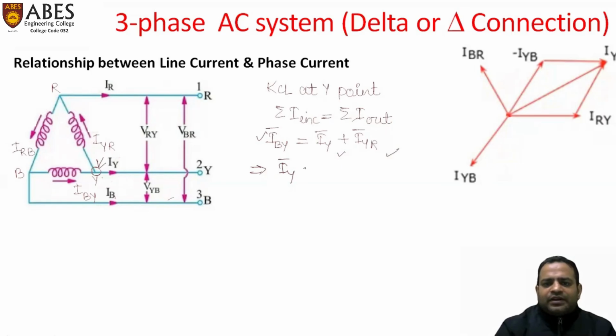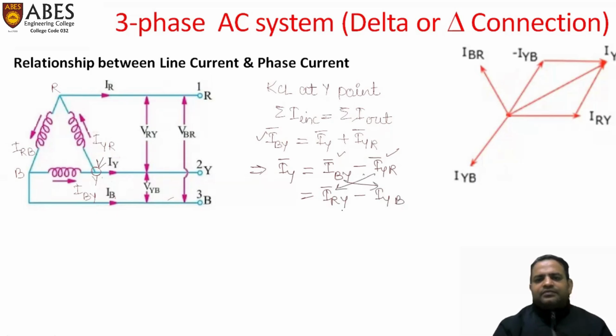So we can calculate IY, that is IBY minus IYR, or we can write IRY minus IYB, by taking the negative of these vectors.